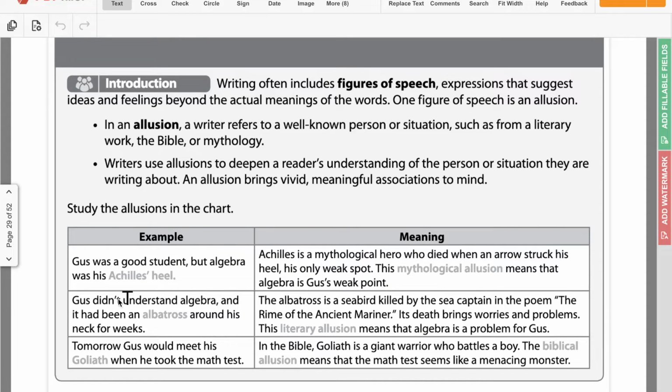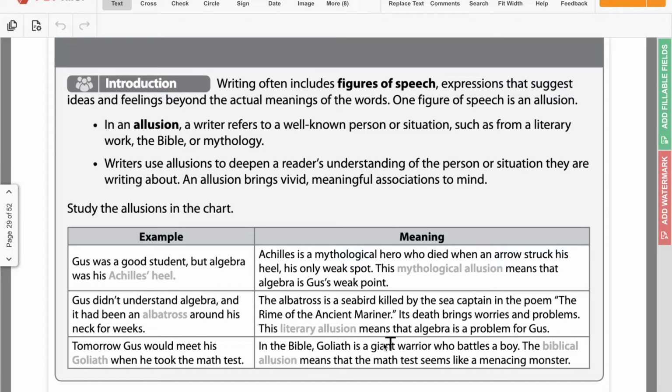The next one says Gus didn't understand algebra, and it had been an albatross around his neck for weeks. So this says the albatross is a seabird killed by the sea captain in the poem The Rime of the Ancient Mariner. Its death brings worries and problems. This literary allusion means that algebra is a problem for Gus.